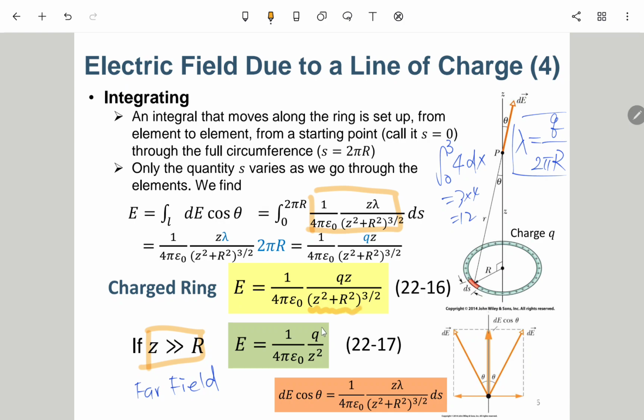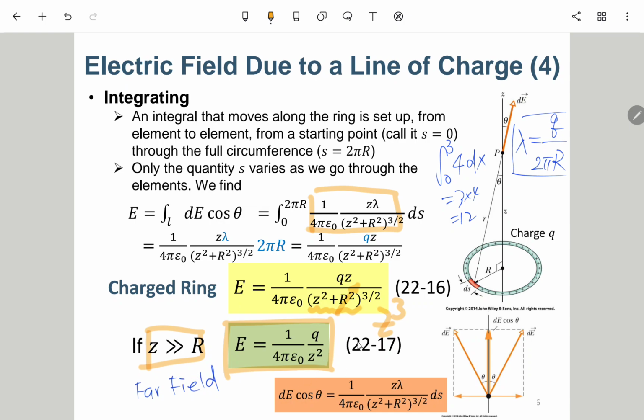In this term, if z is much larger than capital R, then we can simply ignore capital R. So we have z squared to the 3/2 power, which becomes z cubed. This z cubed will be partly cancelled with this z, so it becomes z squared here. This is quite an elegant expression.